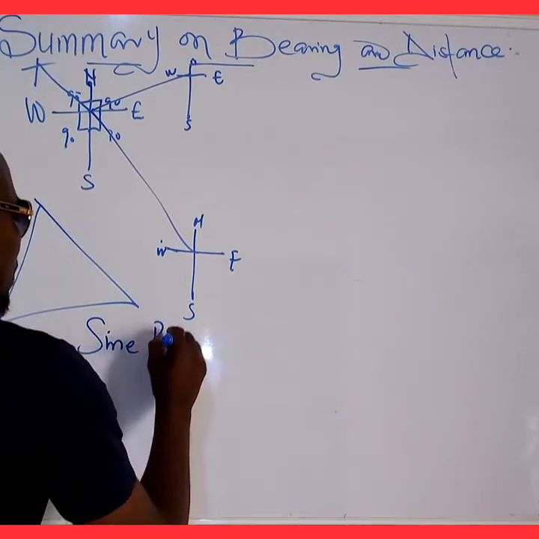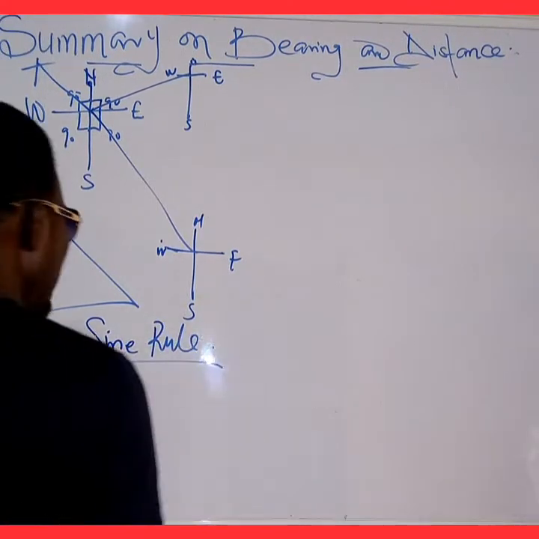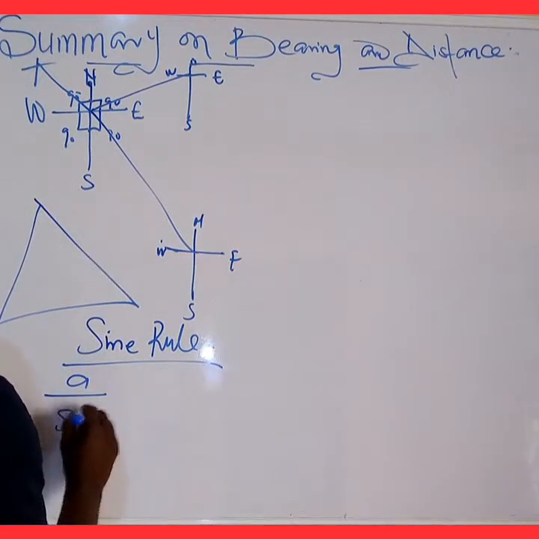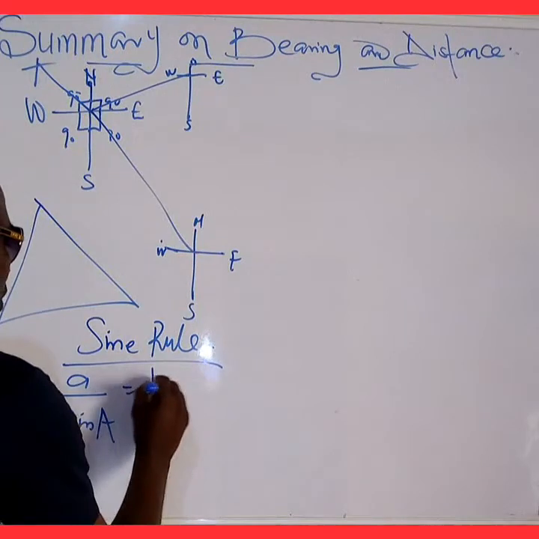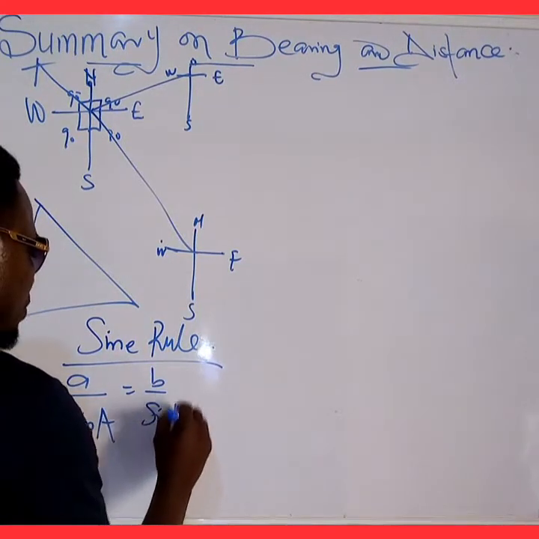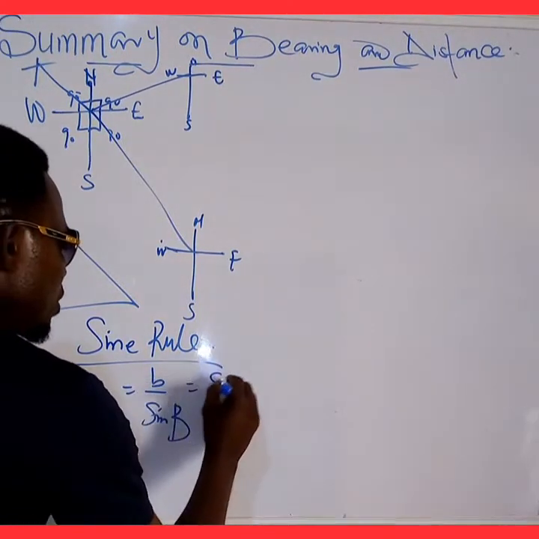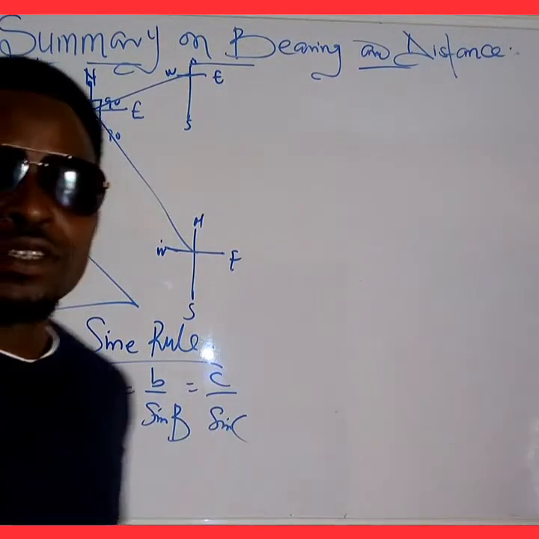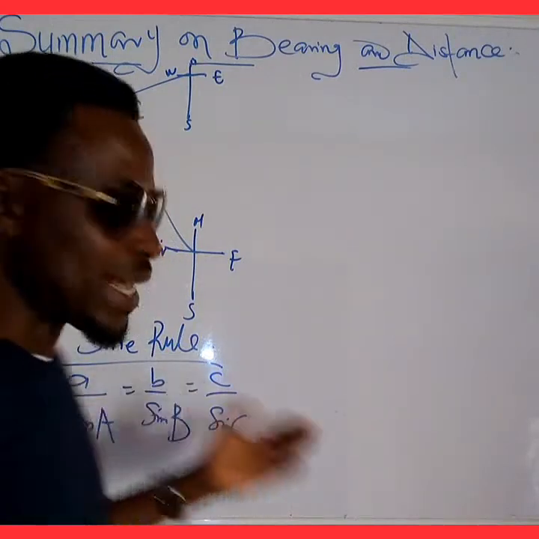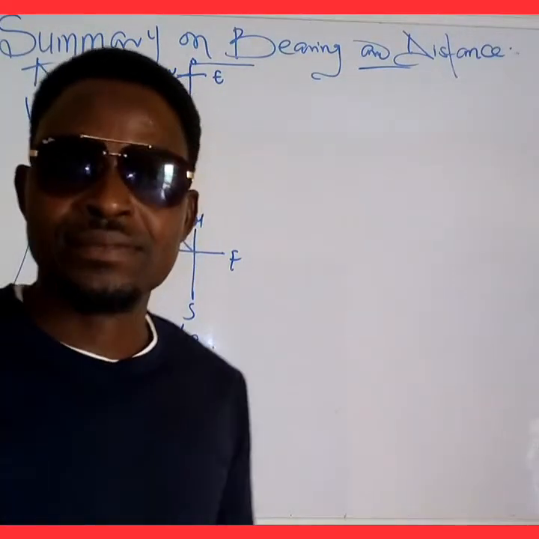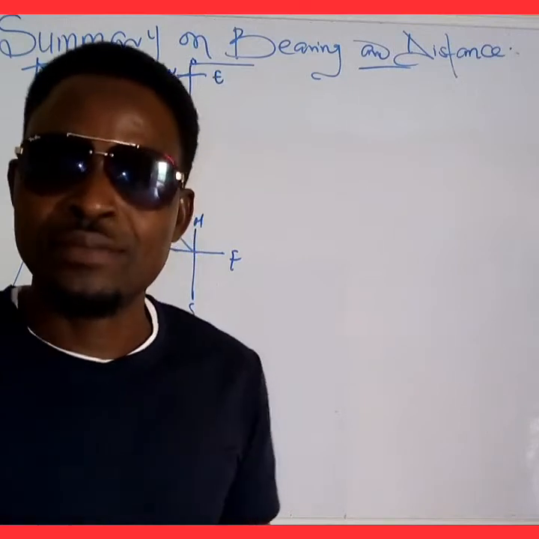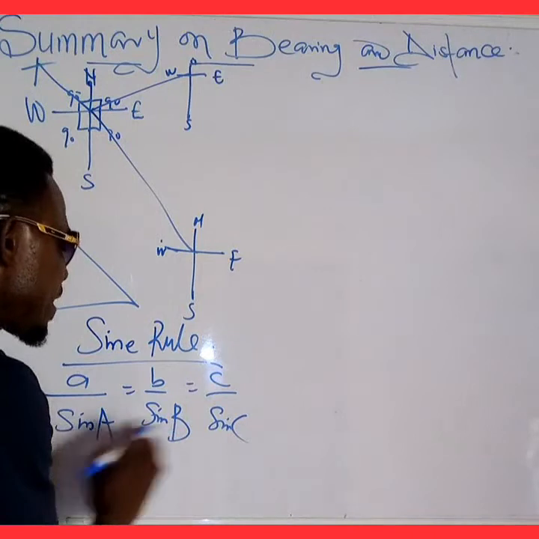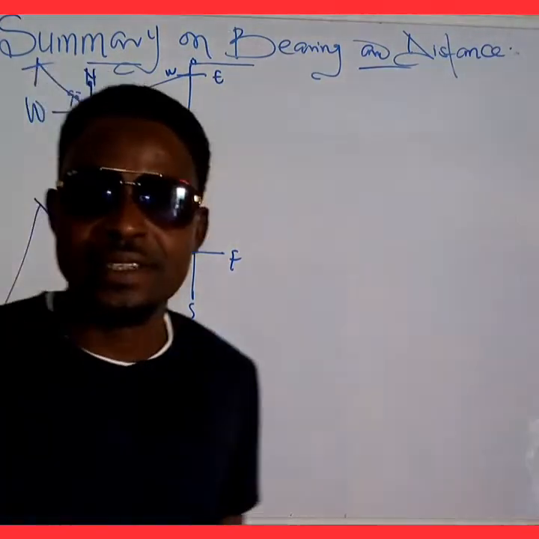Sine rule is a over sine big A equals b over sine big B equals c over sine big C. All the small letters are the distance from one point to the other, being expressed in meter or kilometer, while the big letters, A, B, and C here, are the angles.